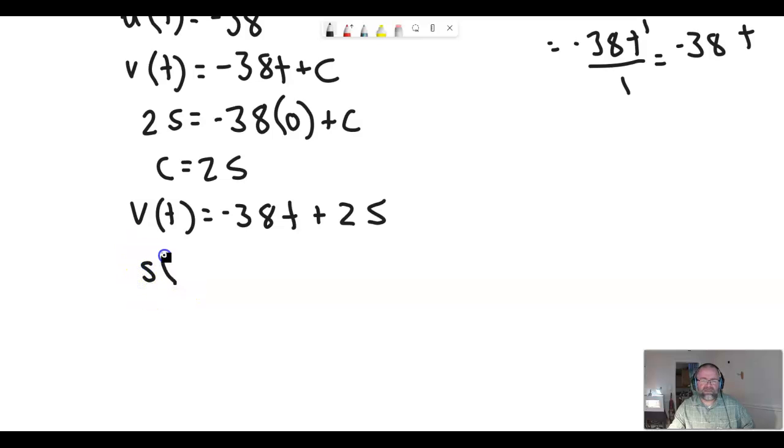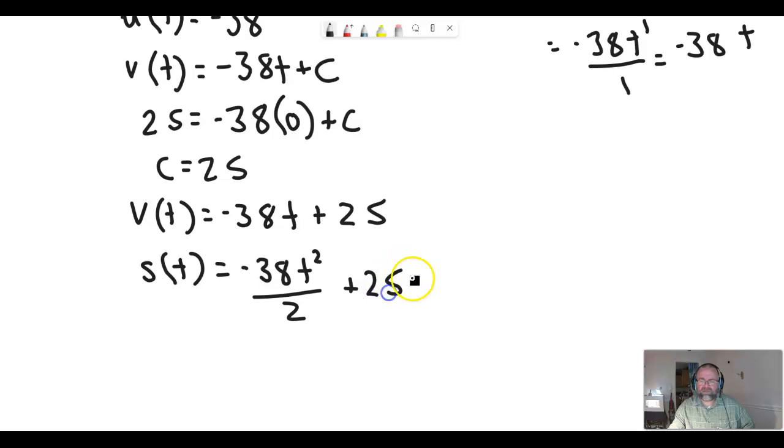So s of t is equal to, and we're going to apply the same rules we did before. So that's going to be negative 38. This is t to the first, so that becomes t squared when we add the 1 to the exponent. And then we have to divide by that new value, which is 2. Plus, and then we're going to do the same thing with this constant as we did up there, and that's just going to become 25t.